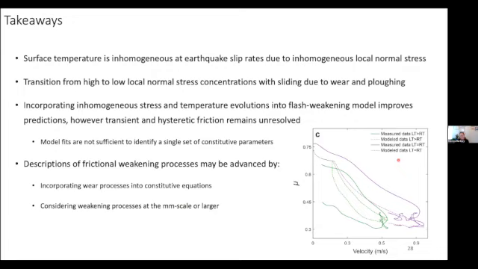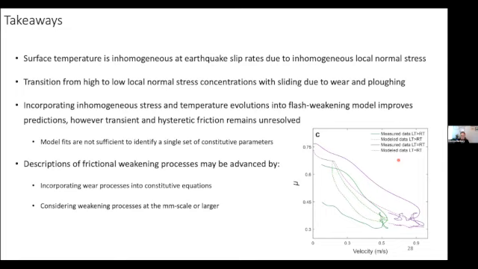If we incorporate this inhomogeneous stress and temperature distribution into a flash weakening model, it certainly has improved, but there's still transient and hysteretic friction that we're not capturing. And so the model fits right now, in particular, are not sufficient to identify a single, unique set of constitutive parameters for Westerly granite.